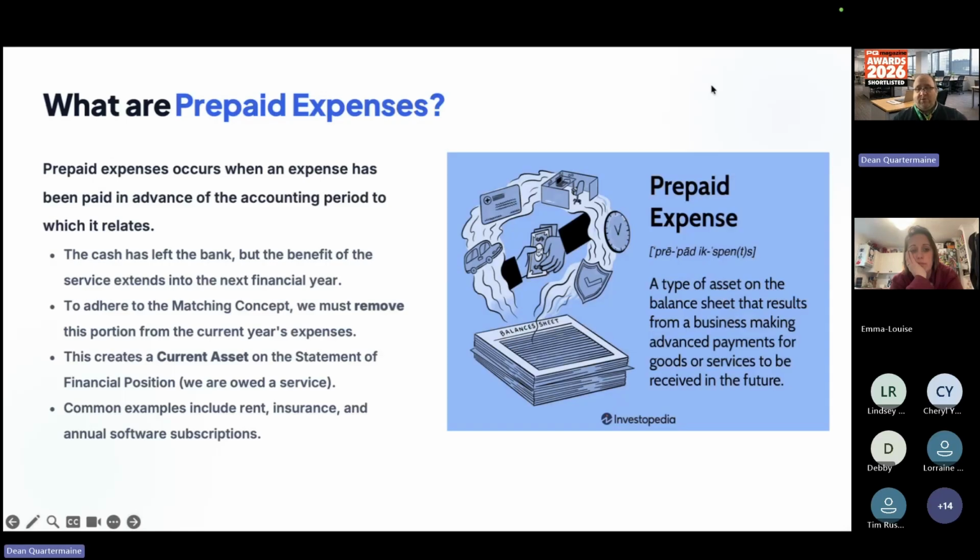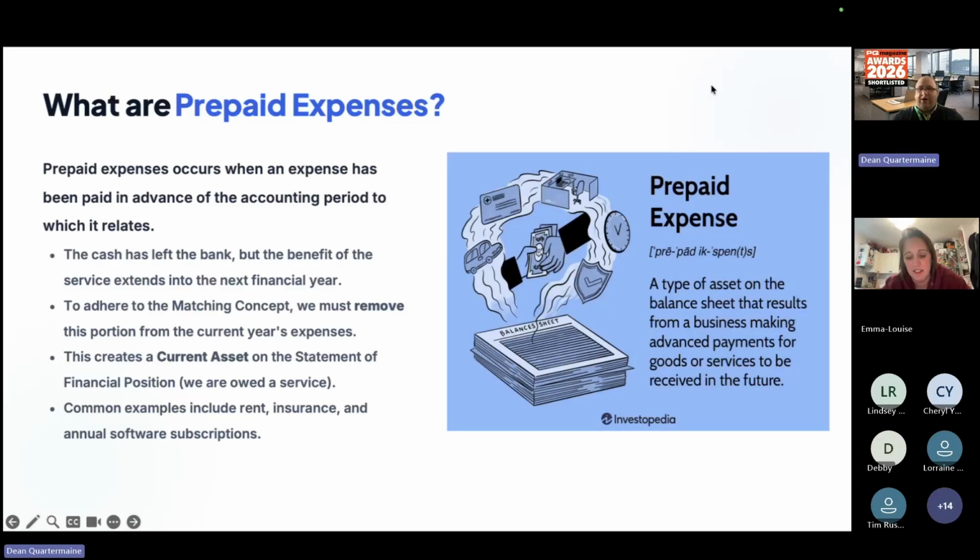Yeah. It's going to reduce the value of the expense in the current year on the statement. So statement of profit or loss, that will get reduced. And then we're going to create an asset on our statement of financial position because ultimately we are owed a service. Yeah, we've paid for it.